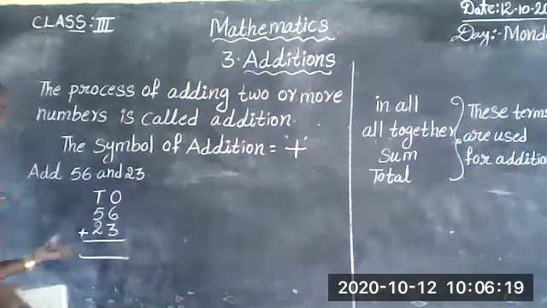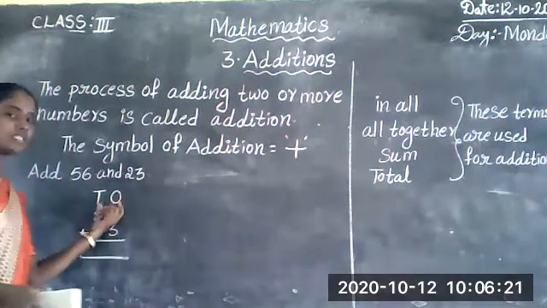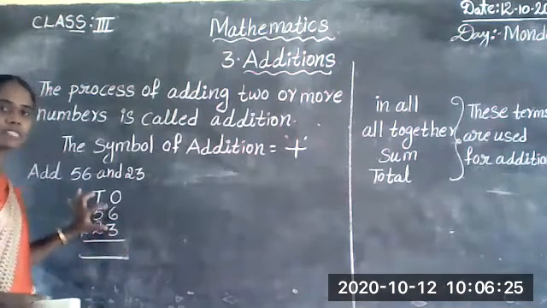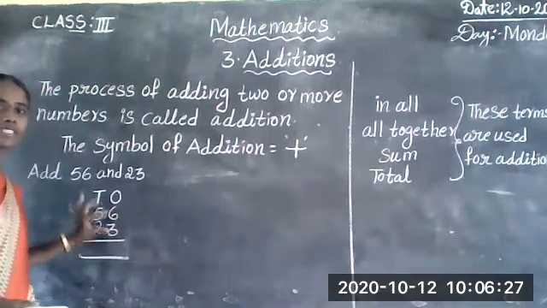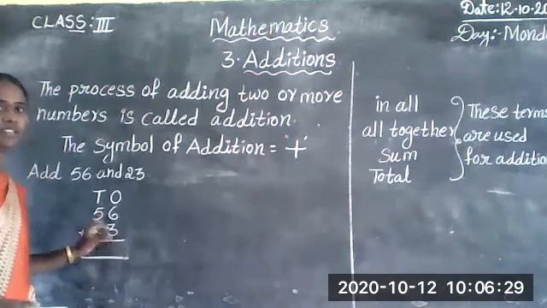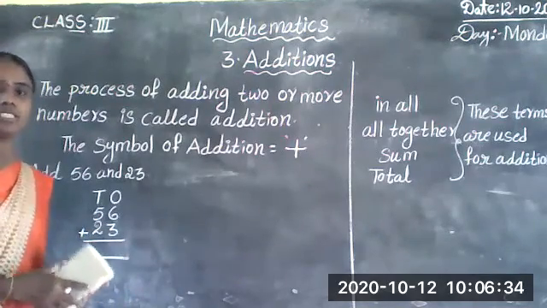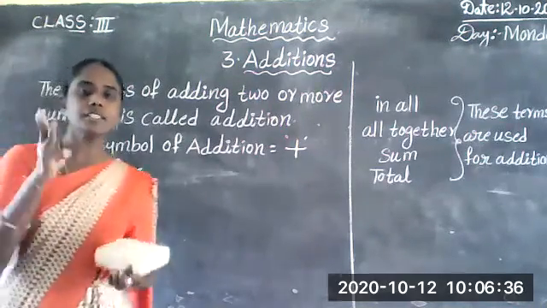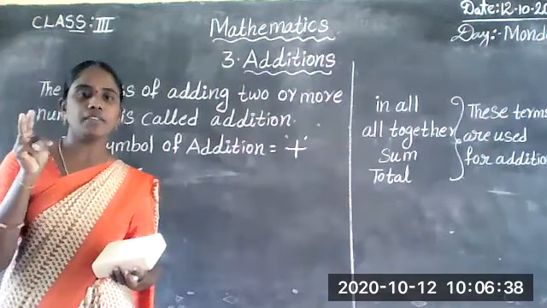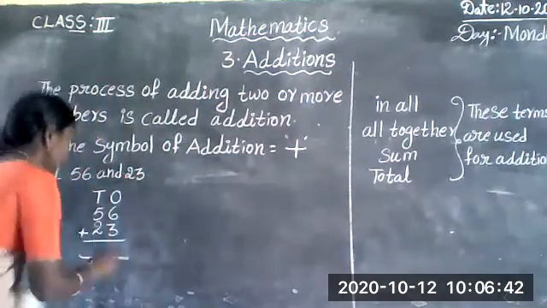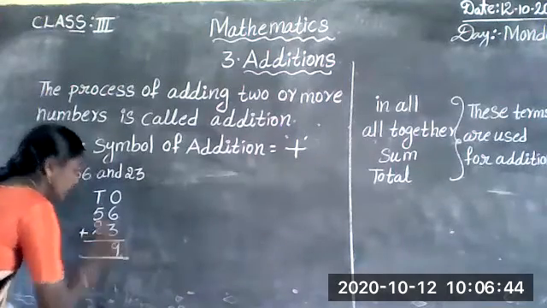Let us add. First, add the ones place numbers. In the ones place, 6 and 3. What is the sum of 6 and 3? 6 plus 3: count 3 after 6, that is 7, 8, 9. 6 plus 3 equals 9.